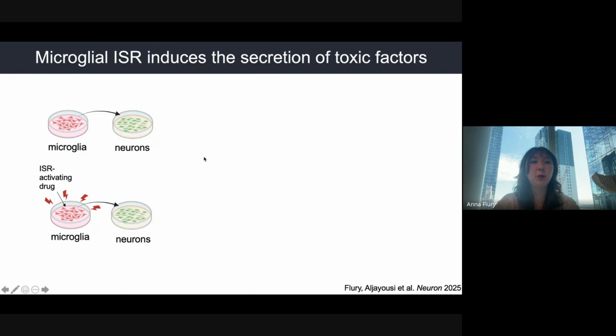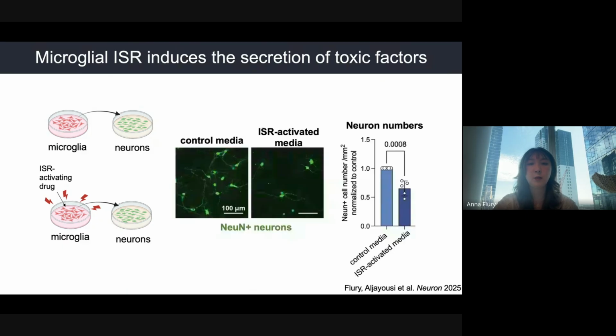We moved to an in vitro system to test this idea, where we used a drug to activate ISR in microglia and gave the conditioned media from those microglia to neurons, so anything they secreted would be given to neurons, and looked at neuronal survival to see whether the stressed microglia are secreting something detrimental.